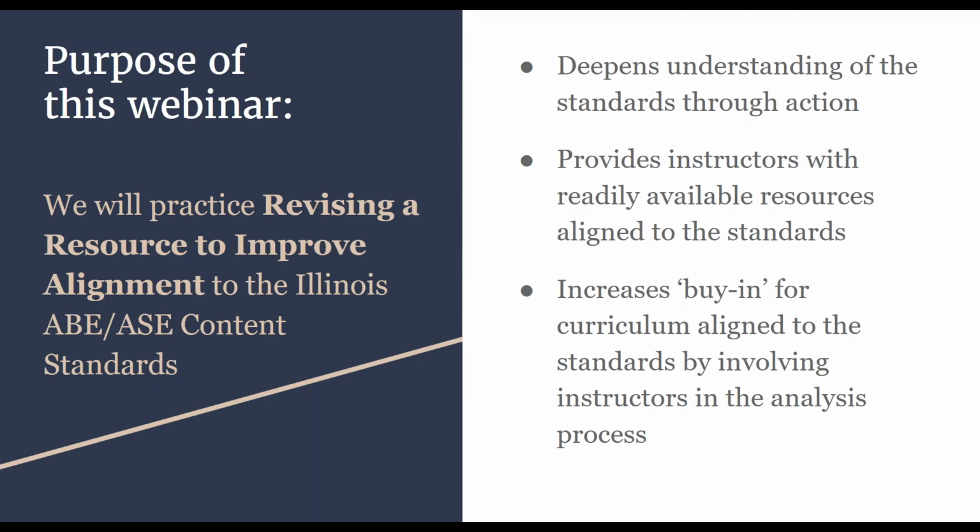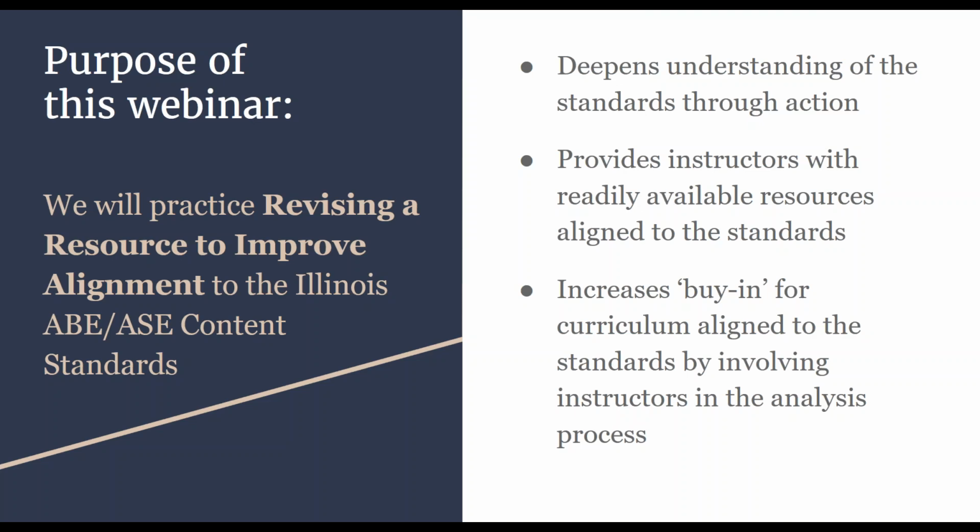So let's jump into what we're going to do tonight. One of the first pieces of this training, for specialists getting prepared to lead other teachers and move their departments forward in standards-based instruction, is revising a resource to improve its alignment.